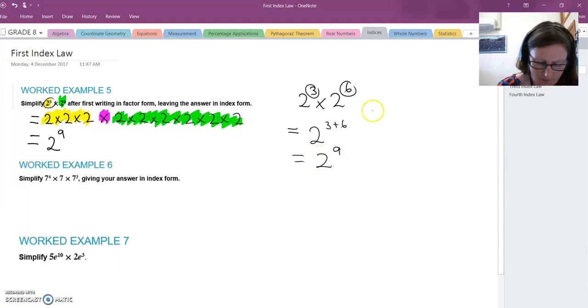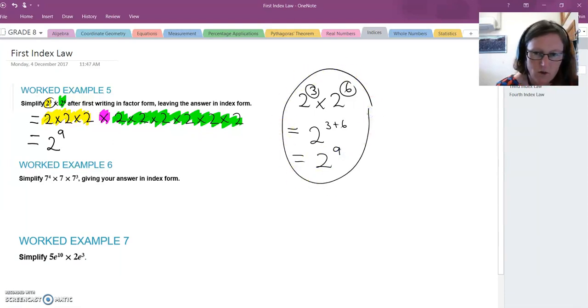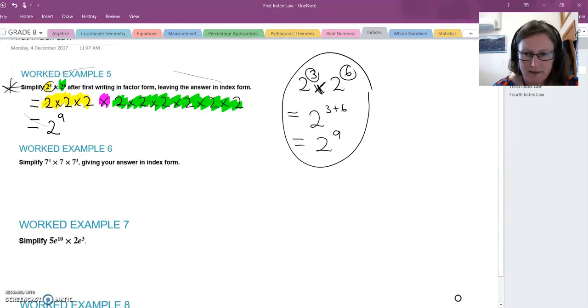So that is a simpler, faster way to solve this problem, and that's index law 1. Doing it the long way proves to you that this index law works. So when it's the same base and they're multiplied together, you can add the indices.